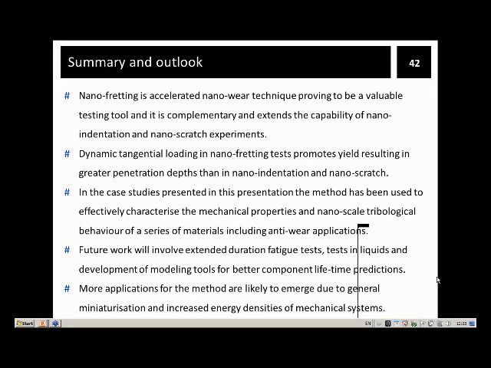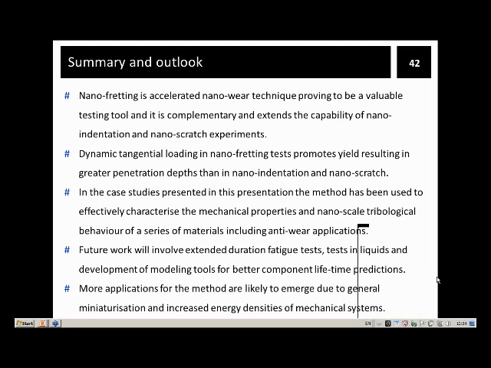Dynamic tangential loading in the nanofretting test promotes yield, resulting in greater penetration depth than in nano-indentation and nano-scratch. In the case studies presented today, the method has been used effectively to characterize the mechanical properties and the nanoscale tribological behavior of a series of materials, including anti-wear applications.